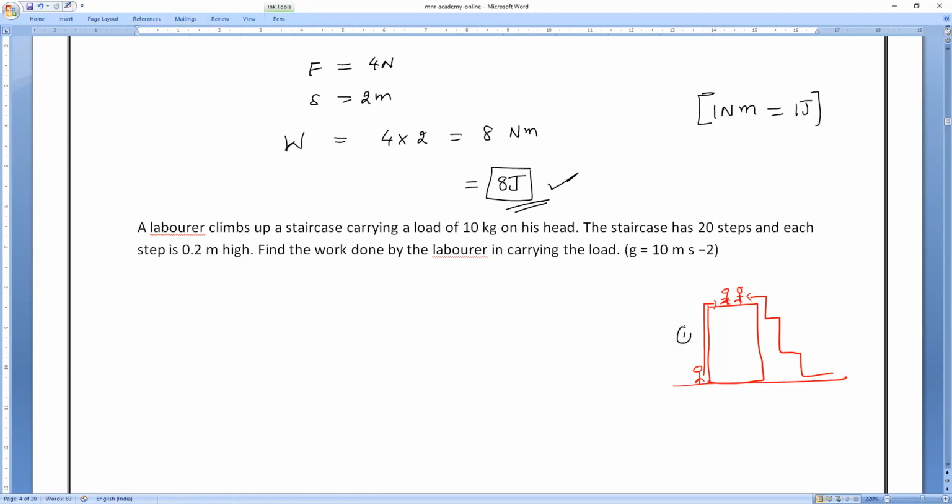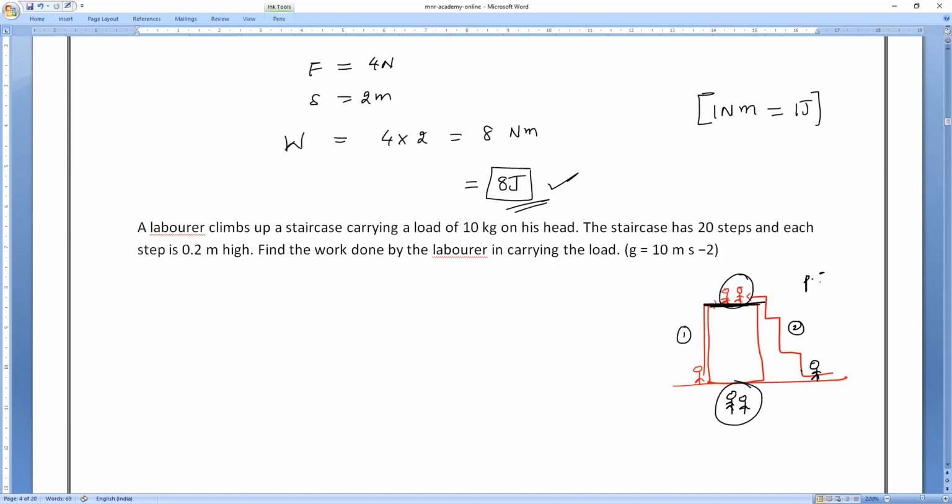This is path 1 and this is path 2. Both are at the same height. So what is the potential energy possessed by them? Is it the same or different? Different, sir. No. Both are at the same initial point and both are at the same final point. The initial point and final point are the same.